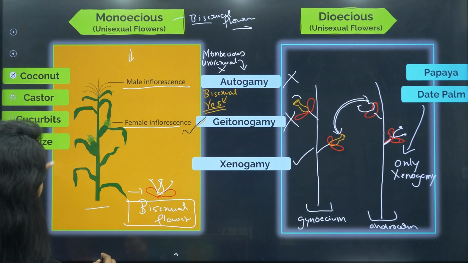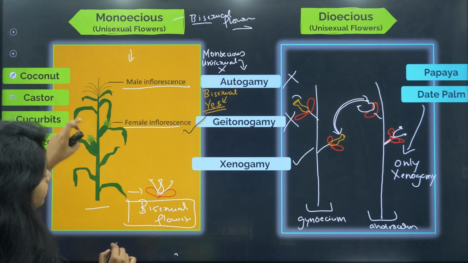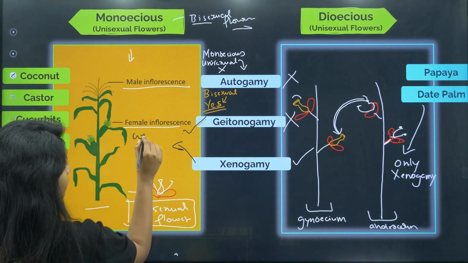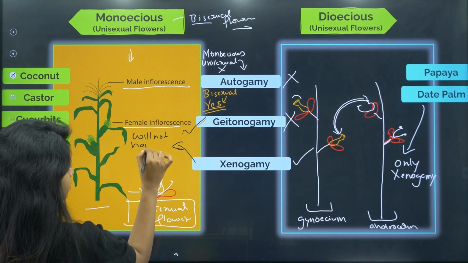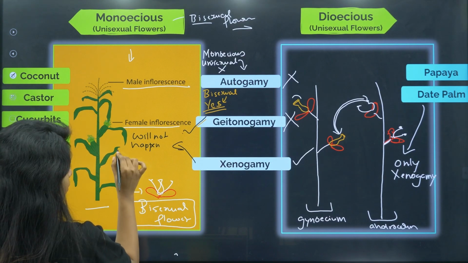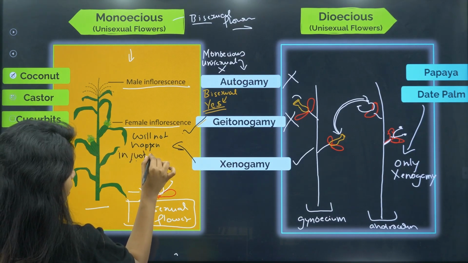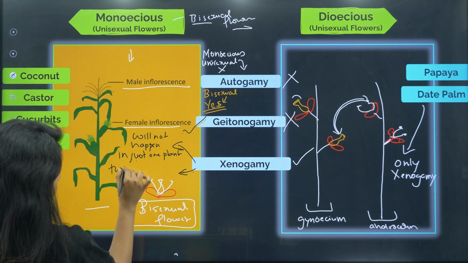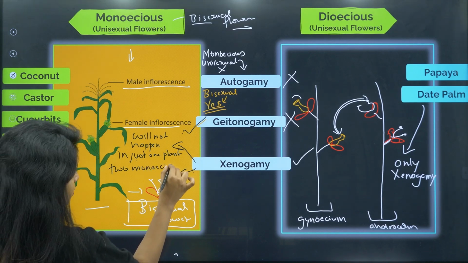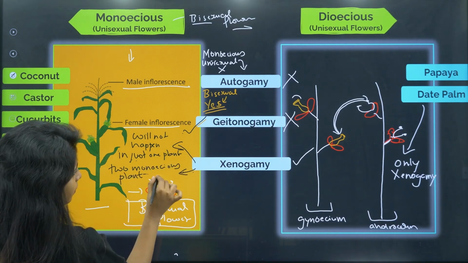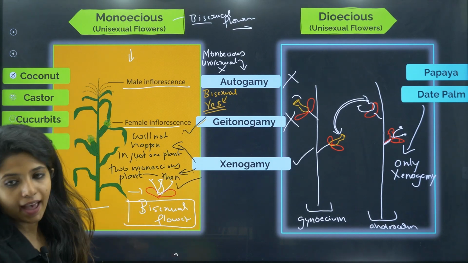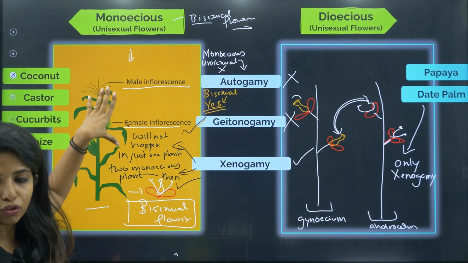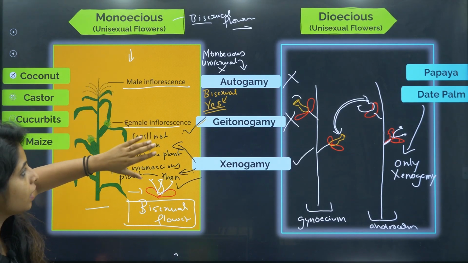Basically, xenogamy will not happen in just one plant, but if you have two monoecious plants, then it can happen. Obviously, here from male to female, if this is happening, this is not known as xenogamy, it is geitonogamy, right, because it is in the same plant.